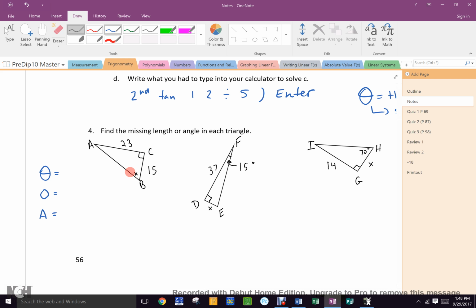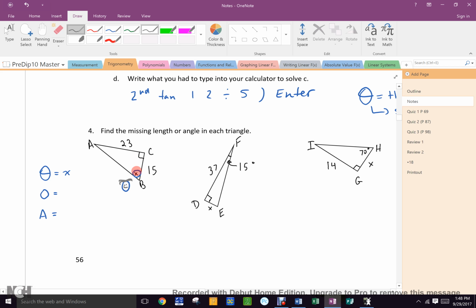That means that's the angle I care about, right? So theta is what? X. Now we know X means unknown. Great. If that's the angle I care about, that must be where I am hanging out. Yes? So that is where I decide my opposites and my adjacents.